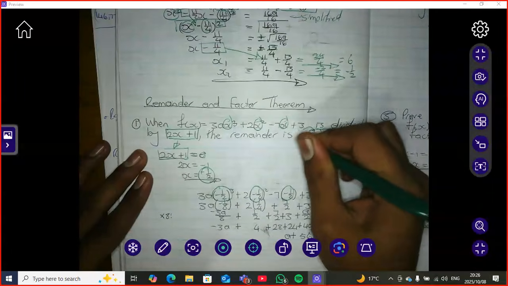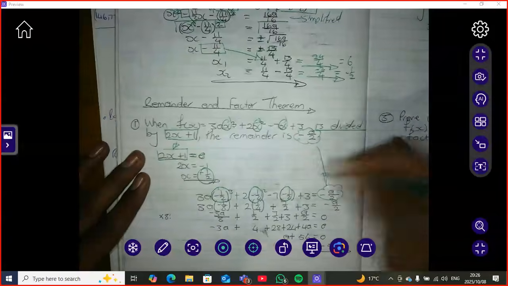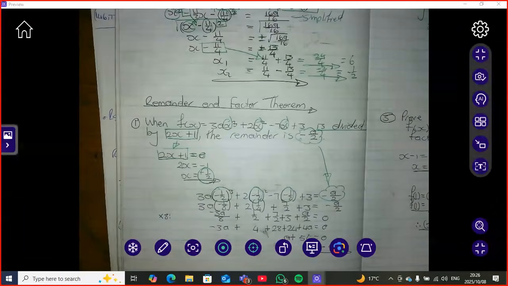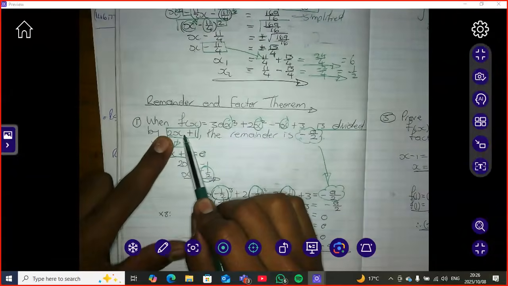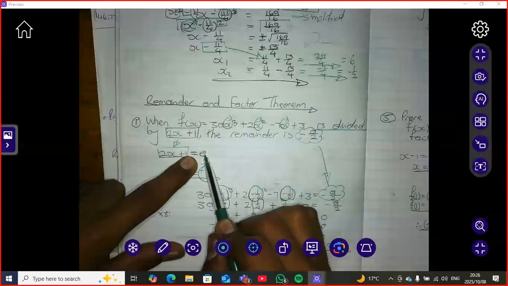Let's draw a nice bubble. So what do I do? I put the divisor equal to 0. I solve for x.